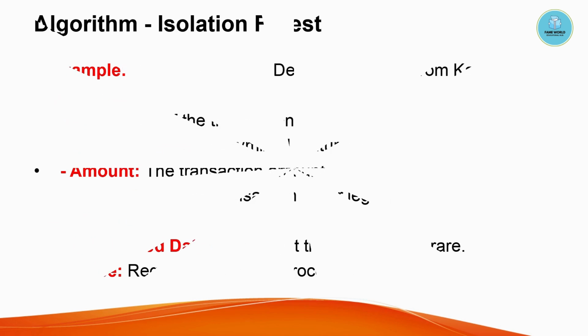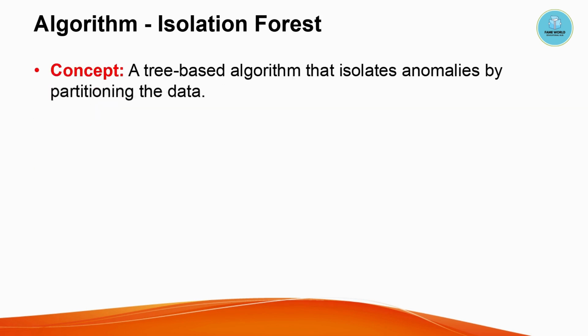One of the key algorithms used in this presentation is isolation forest, a tree-based method designed specifically for anomaly detection. Unlike traditional anomaly detection methods that try to profile normal data, isolation forest isolates anomalies.